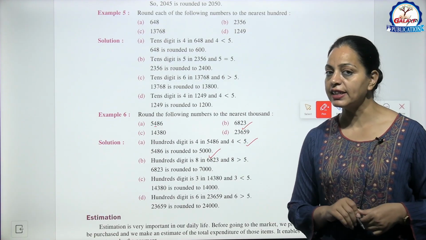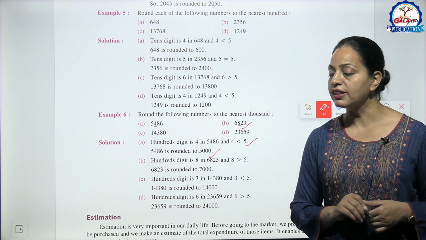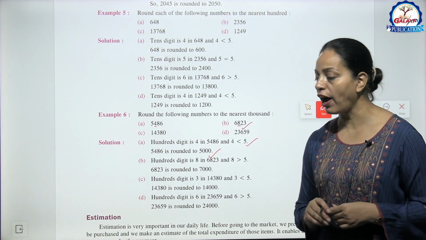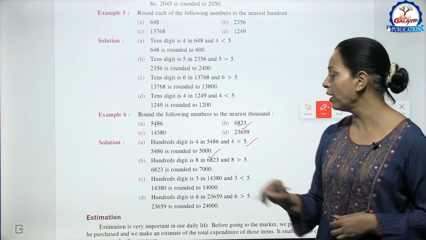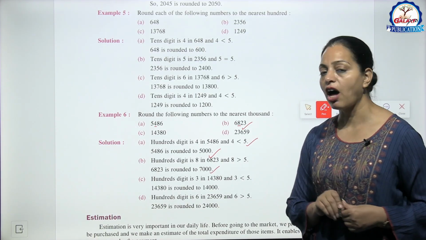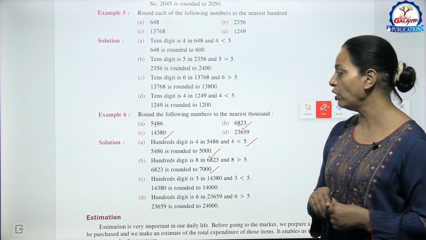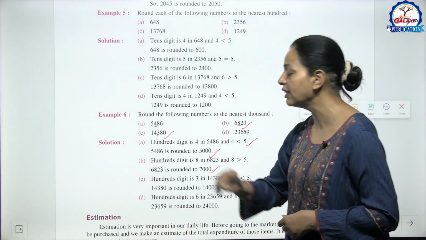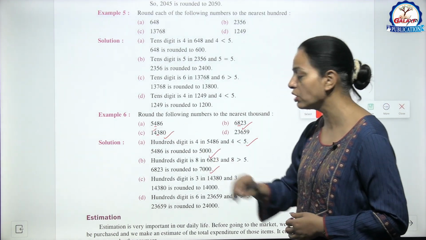Now B part, 6823. So here the 100 digit is 8 which is more than 5. So what to do? We will add plus 1 to the 1000 digit, it becomes 7000, right? Now come to C part, 14,380. See the 100 digit, this is 3, less than 5, so there is no change in the 1000 digit.